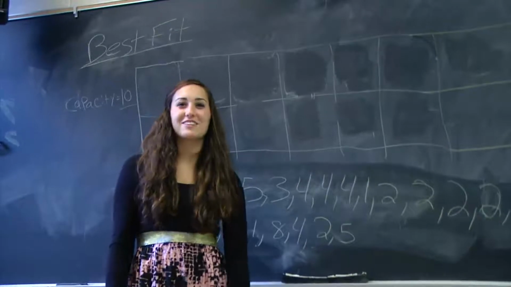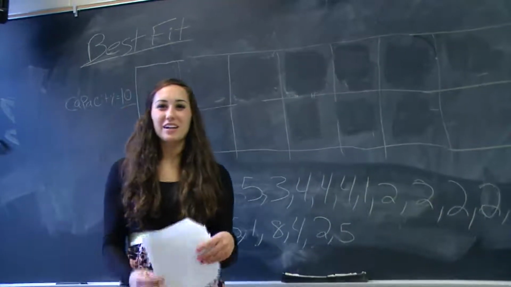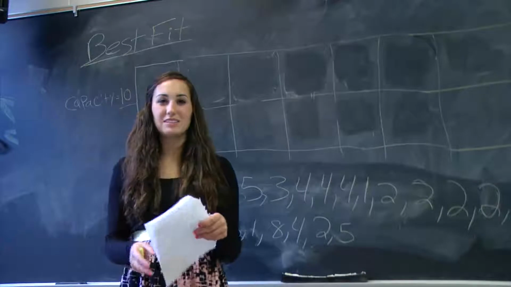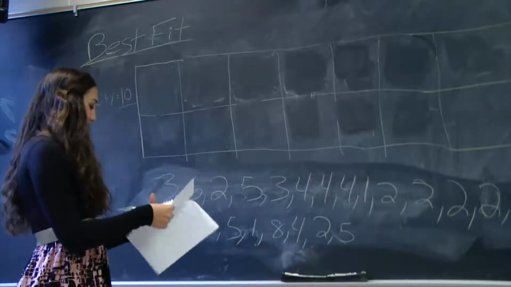Okay, our next one is best fit, and for this one you don't have to worry about the order, and you have to find the perfect matches for the bins, and the capacity is still 10.